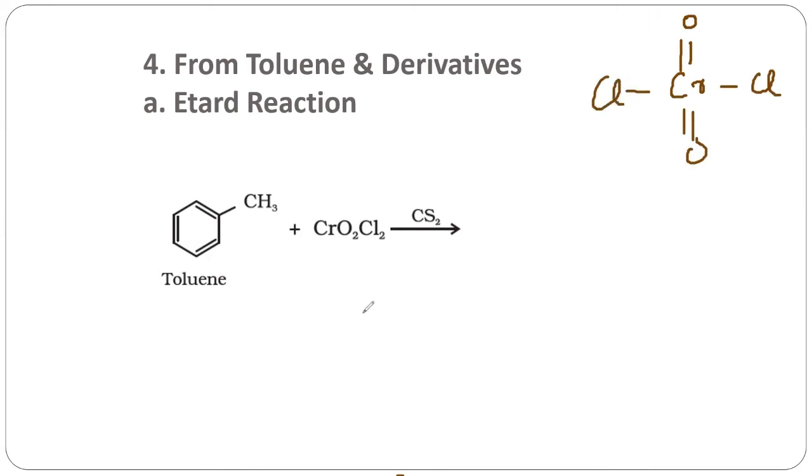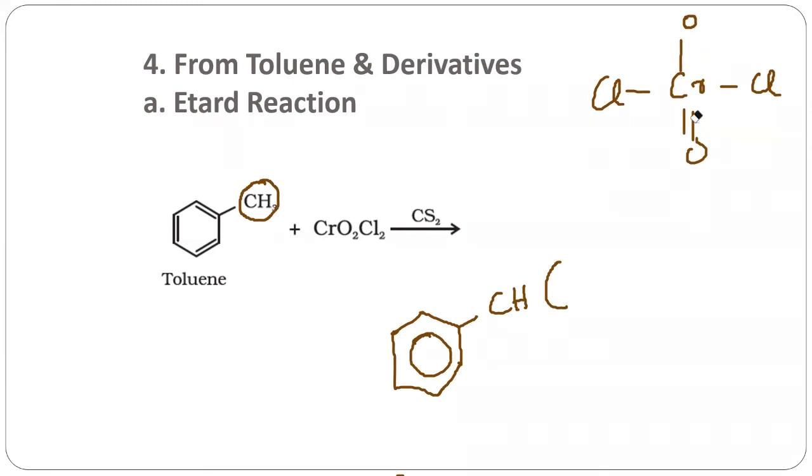Now what happens is, 2 of the hydrogens in CH3 get replaced, so CH will remain. Instead of the two hydrogens, you can imagine it like this, as the actual mechanism is a little different.